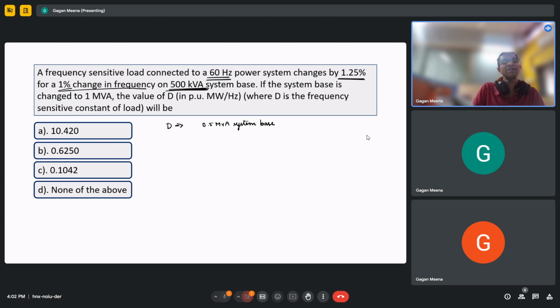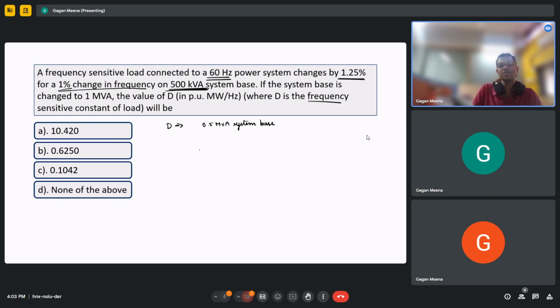Now if the system base is changed to 1 MVA, what will be the value of D? That's the next question: what will be the value of D if the system base changes, in per unit megawatt per hertz, where D is the frequency sensitive constant of load.